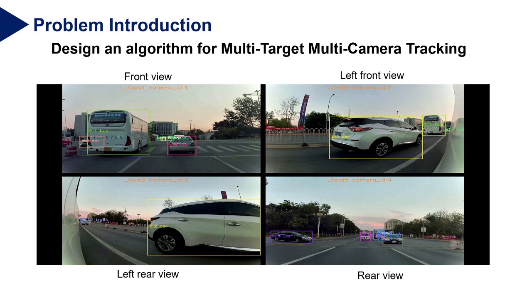The MTMC has a long history in computer vision. The famous one is in pedestrian tracking. So we have seen a lot of pedestrian tracking algorithms and data sets in computer vision. The famous one you may know is from Duke University.